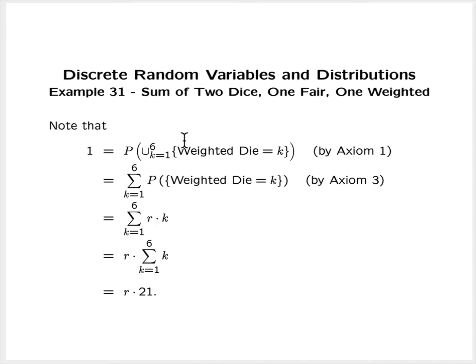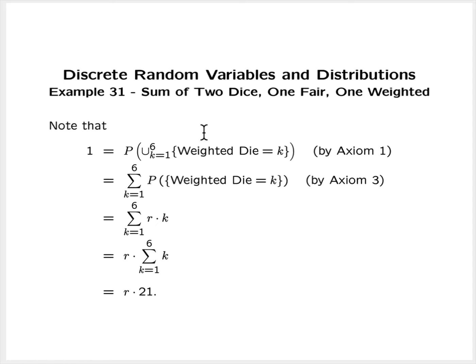This union of events is the sample space for the weighted die, and so by axiom 1, the probability of the union of these individual events is equal to 1.